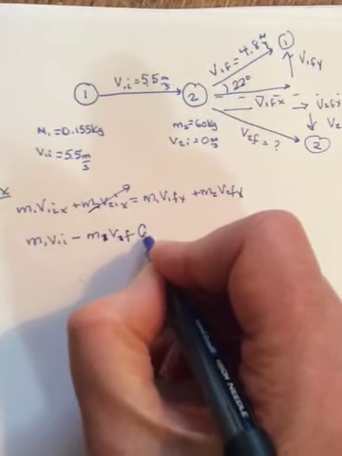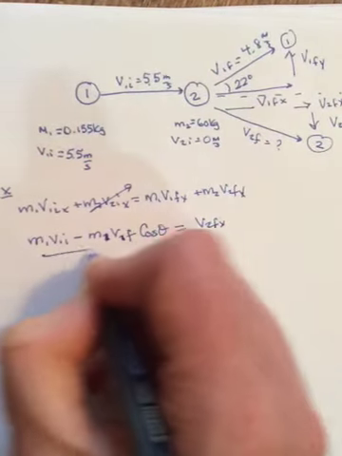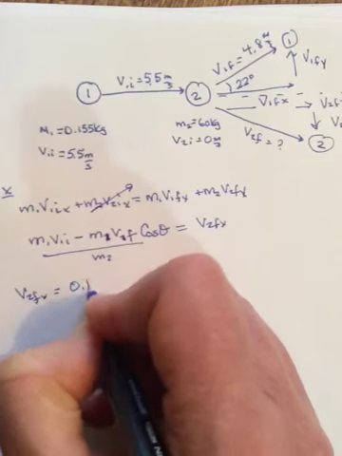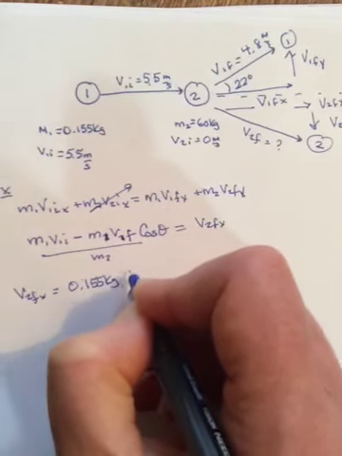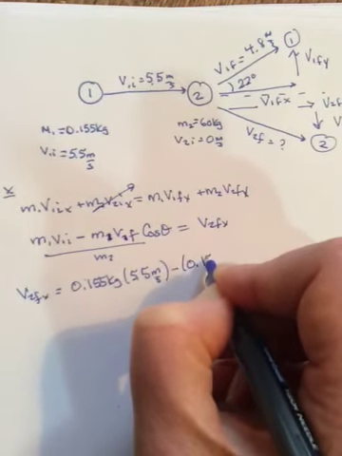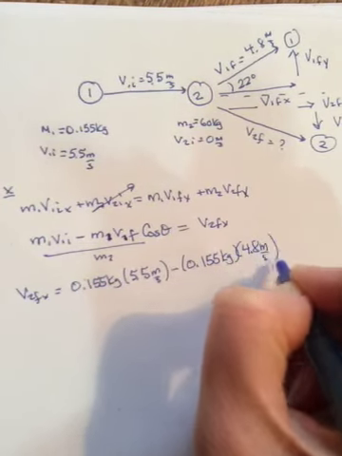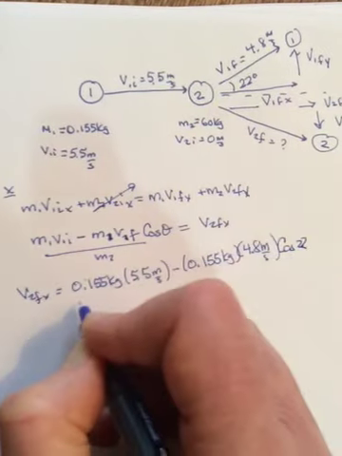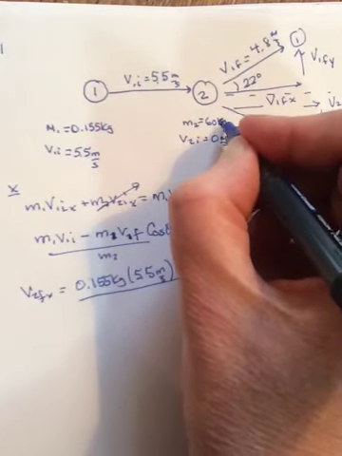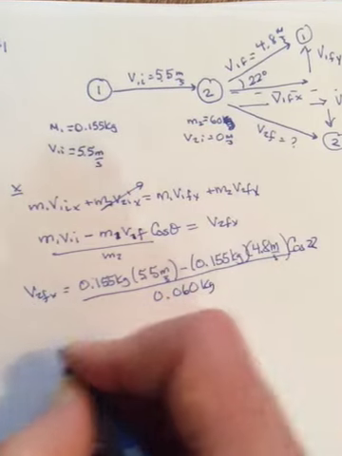It's the adjacent side. So cos theta, and I want v2fx, so let's divide by m2. So v2fx equals 0.155 kilograms times 5.5 meters per second minus 0.155 kilograms times 4.8 meters per second times the cos of 22, divided by, whoops, I wrote grams there, but it's really grams, so 0.060 kilograms.